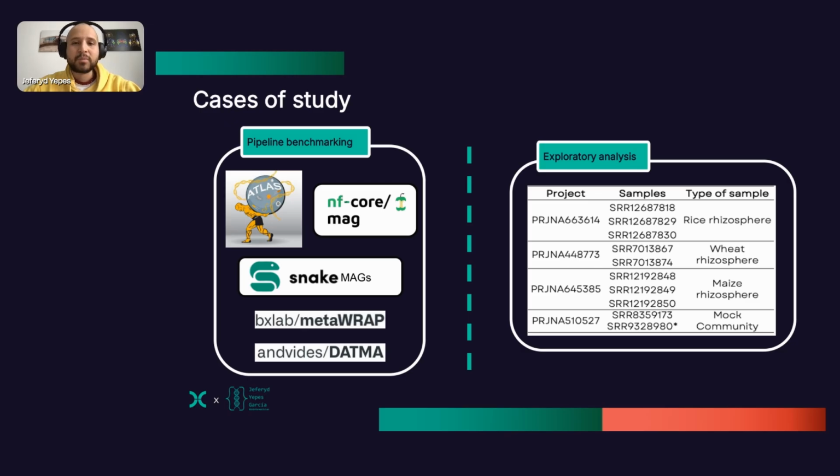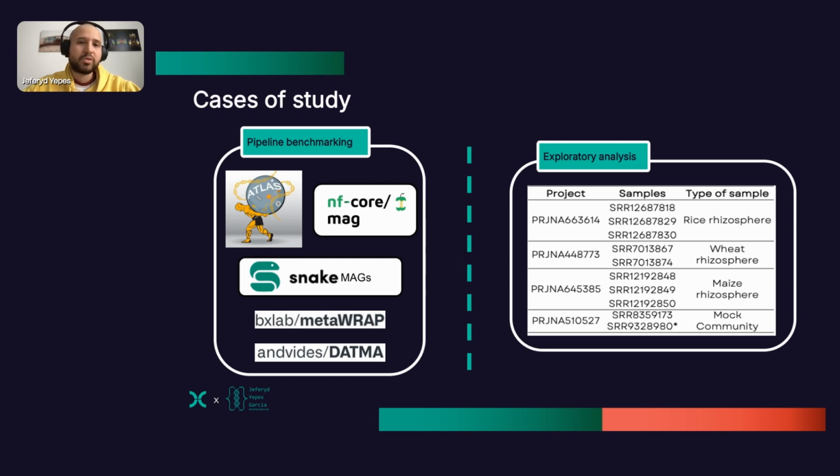So for this, we selected some of the pipelines, for example, Atlas, nf-core/mag, SnakeMAGs, MetaRap, DATMA, and even another pipeline for hybrid assembly called Muffin. And then we just ran all of them.